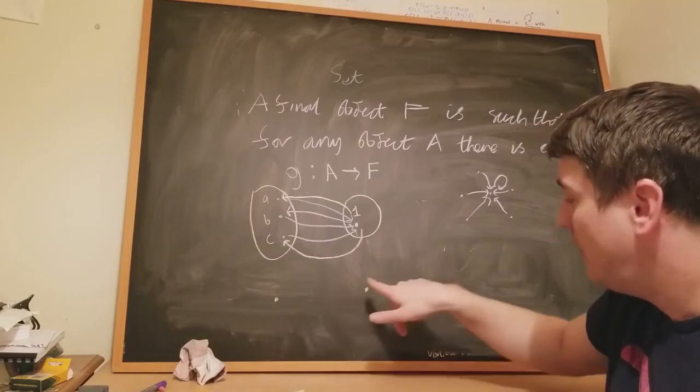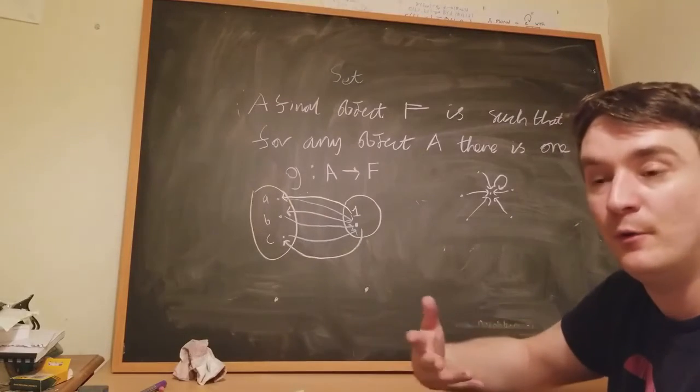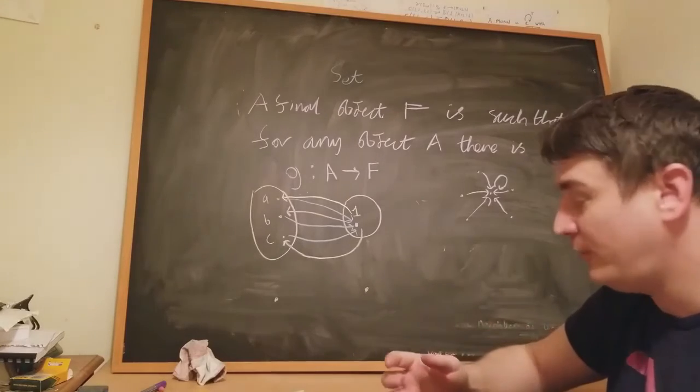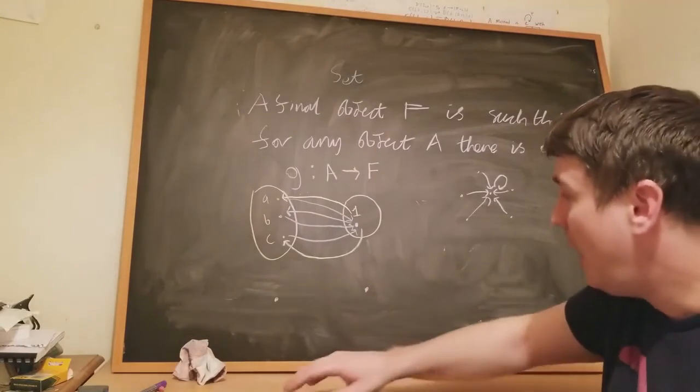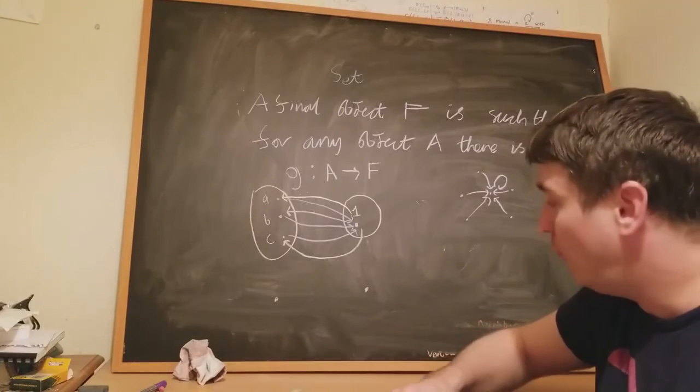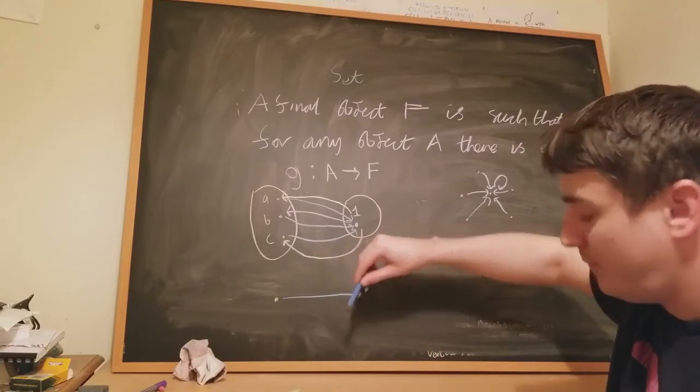We have this sort of final object here. Final objects are also called terminal objects in categories. But anyway, we have this final object here. And of course, there's just one arrow from this other object to it.